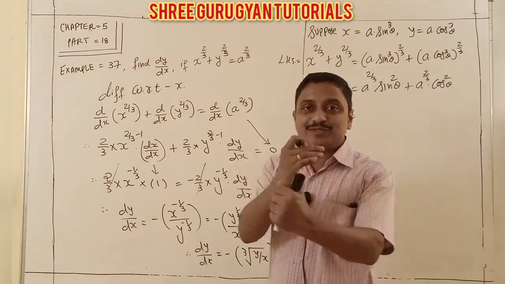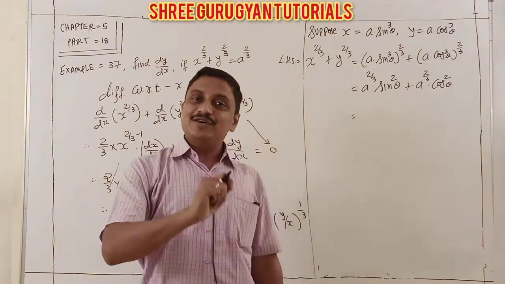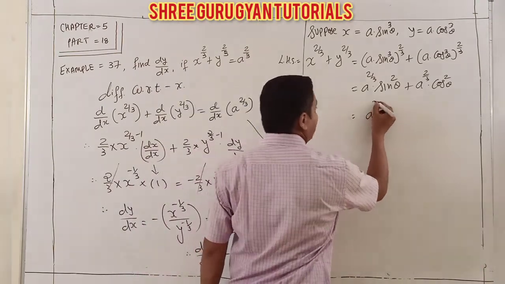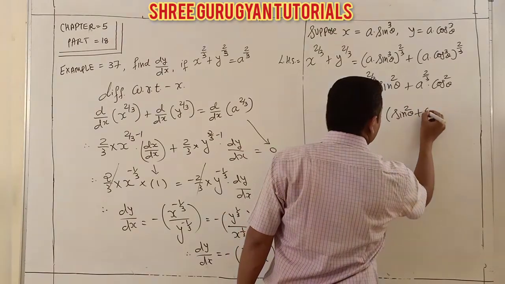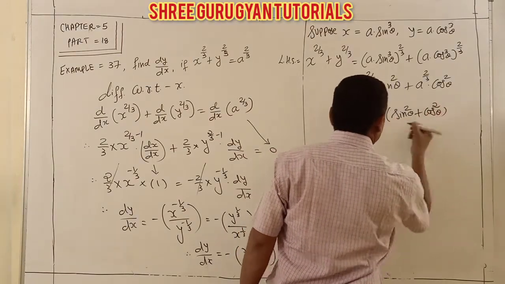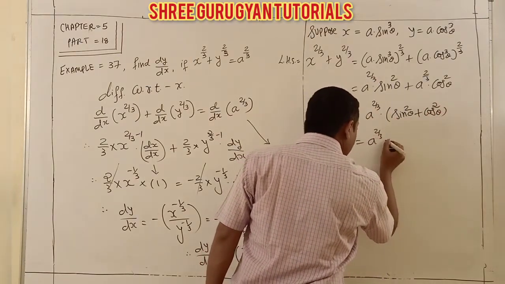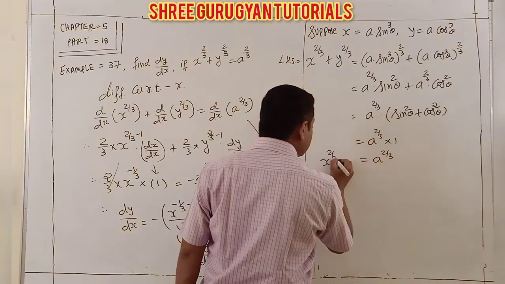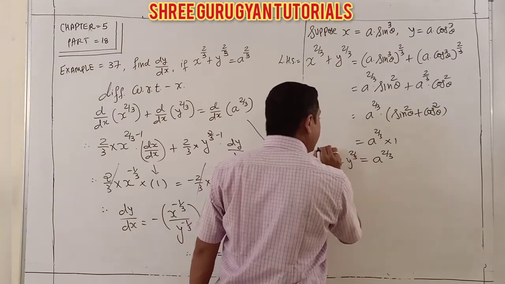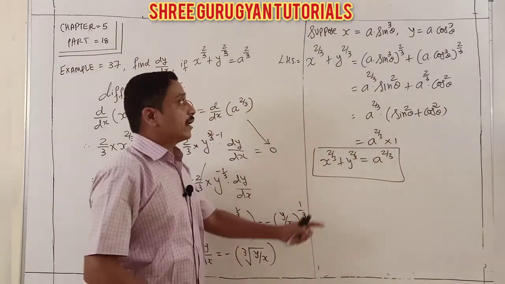Yes, a raised to 2/3 common, the other is 1. So the other value here is sin square theta plus cos square theta, which is only 1. It means, students, our implicit function is defined by our parametric form.